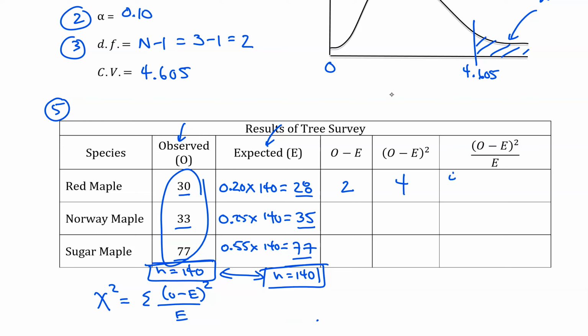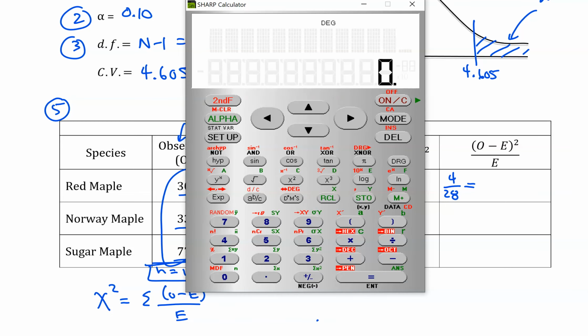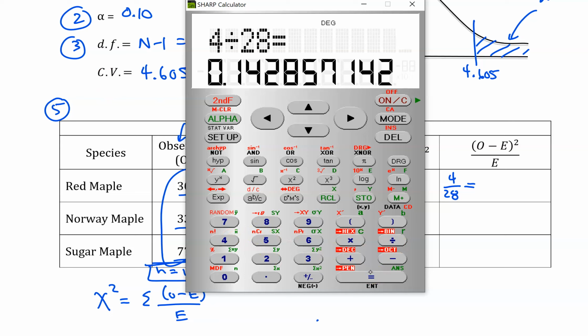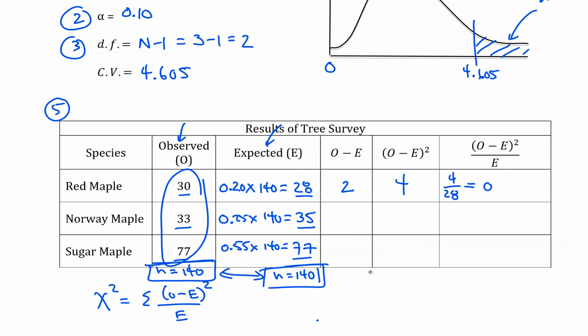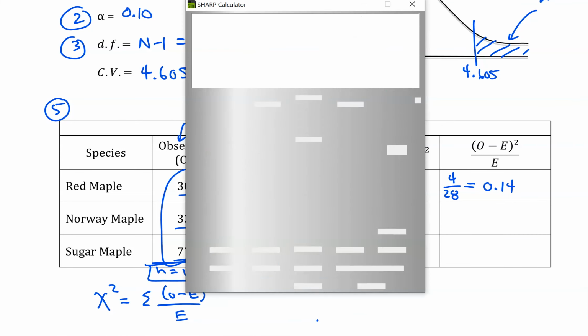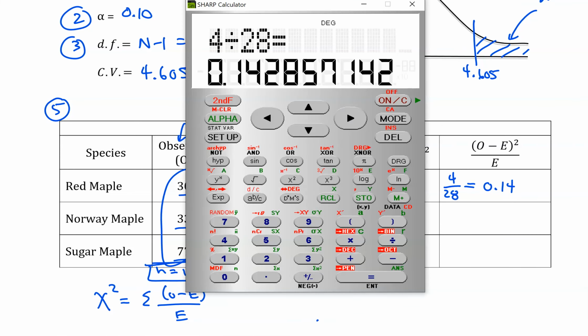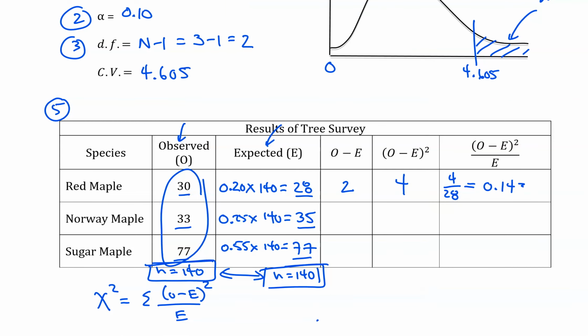And then 4 divided by my expected value of 28. You can leave it as a fraction if you want to. If you want to do the decimal answer, 4 divided by 28, then keep at least 3 decimal places until the end, as always a good rule of thumb. So 0.143.